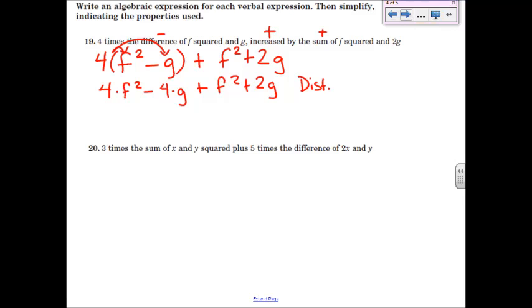So I have f squared and f squared here. Remember, if there's not a number in front, there's an implied 1. So 4f squared plus 1 f squared. And then I have minus 4g and plus 2g. And I'm just going to reorder them because I get confused sometimes.